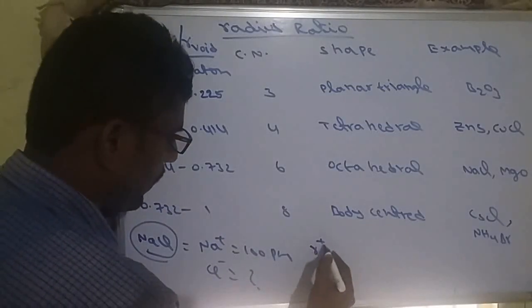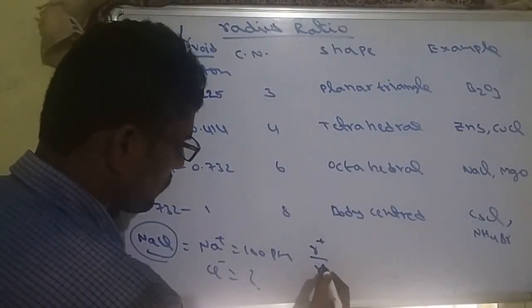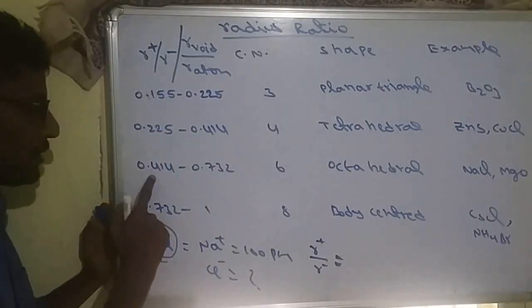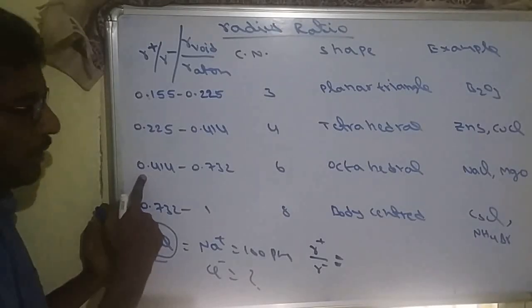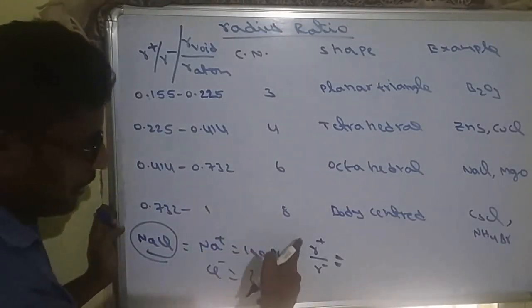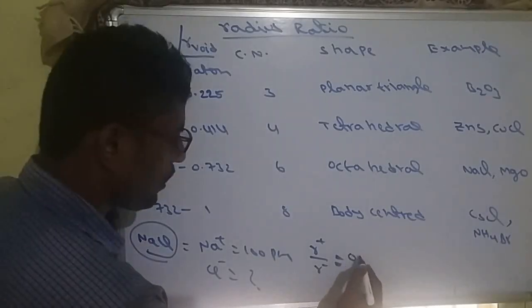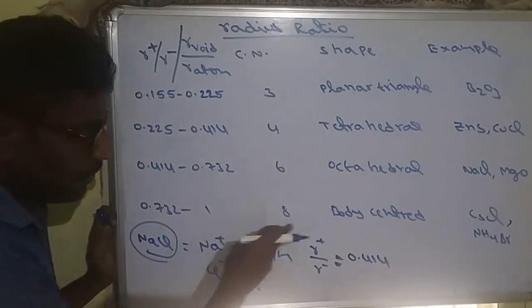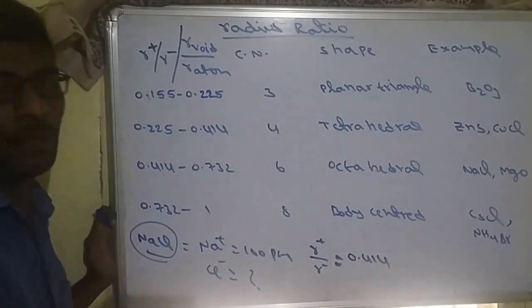The radius of cation by radius of anion will be in between these two values. But always we take the minimum value. This is important. We always take the minimum value. So for NaCl type, R plus by R minus is equal to 0.414. They will give the cation value, we substitute, then we get the anion value.